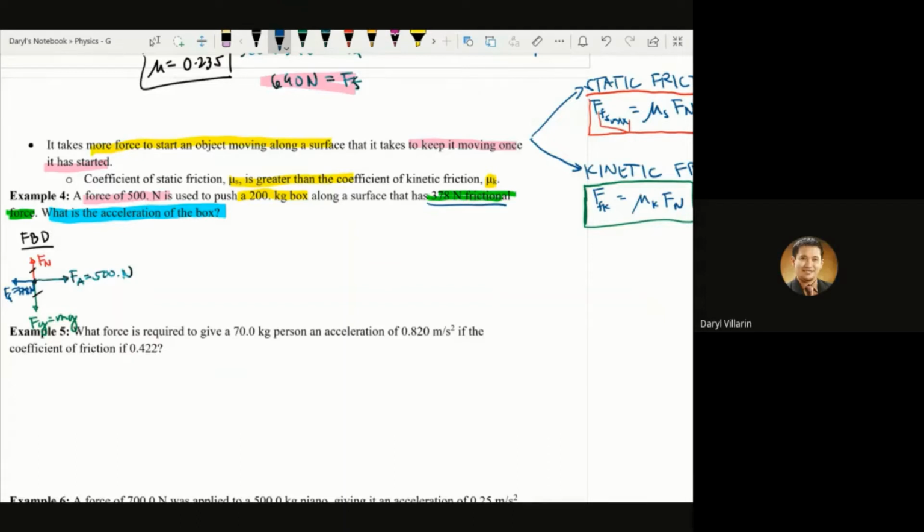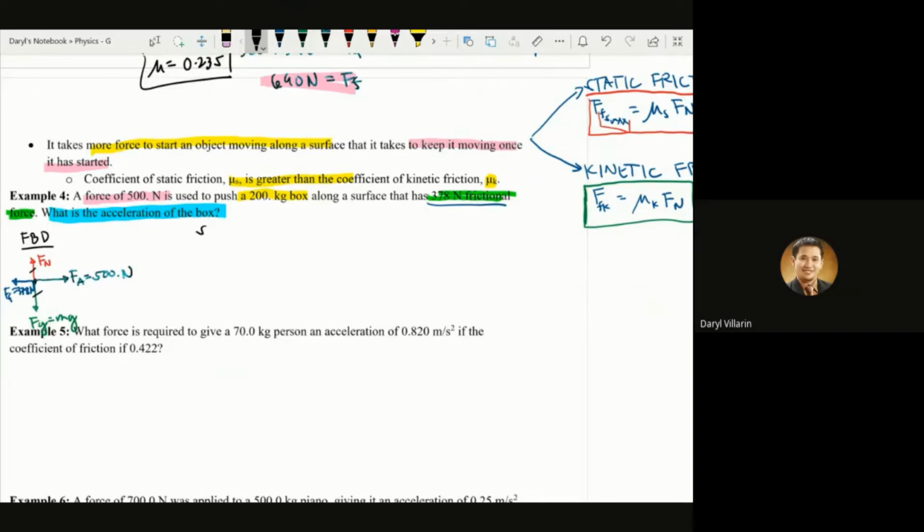So there should be a net force acting on the object along the horizontal, the x-axis.